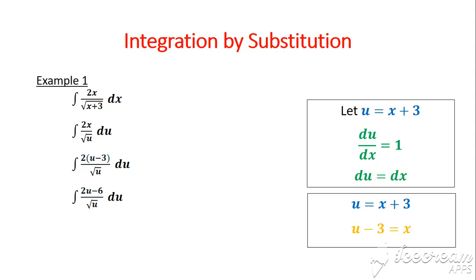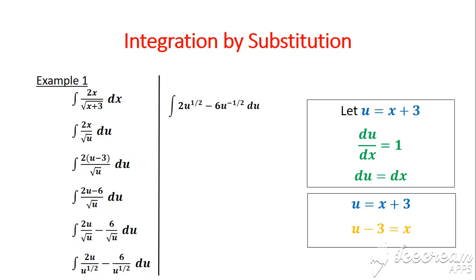Now, because we have one term on the bottom, let's split it up into this fraction of 2u over square root of u minus 6 over the square root of u. We know the square root of u can be written as u to the power of a half. So now what's gone on here? We have 2u over u to the power of a half.